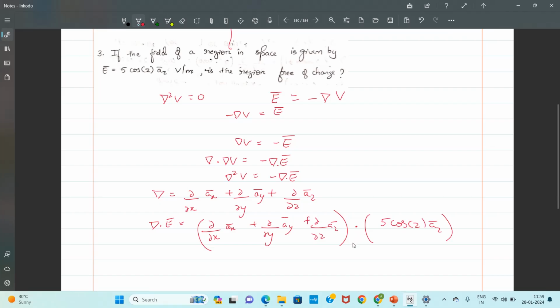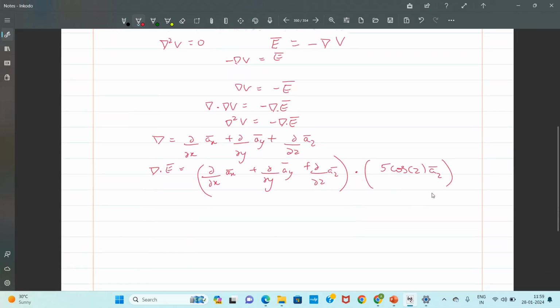According to the property of dot product, we know that any two vectors of different directions, ax dot az will be 0, ay dot az is also 0, whereas az dot az will give you the value 1. So these two terms will not come into picture. You will be having only the third term here. So you are getting the answer as dou by dou z of 5 cos z, az into az is 1.